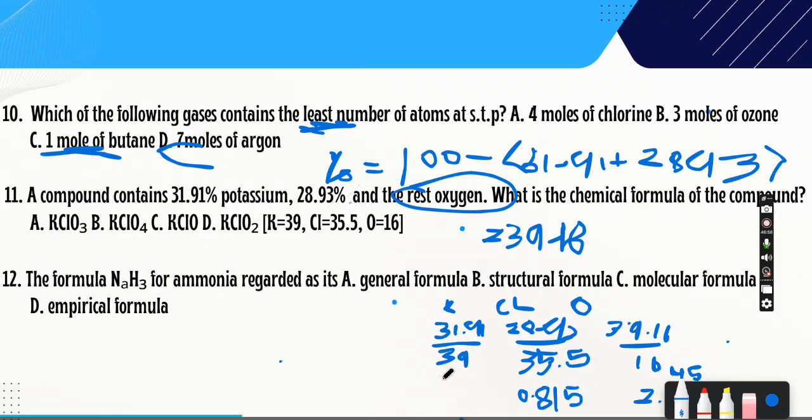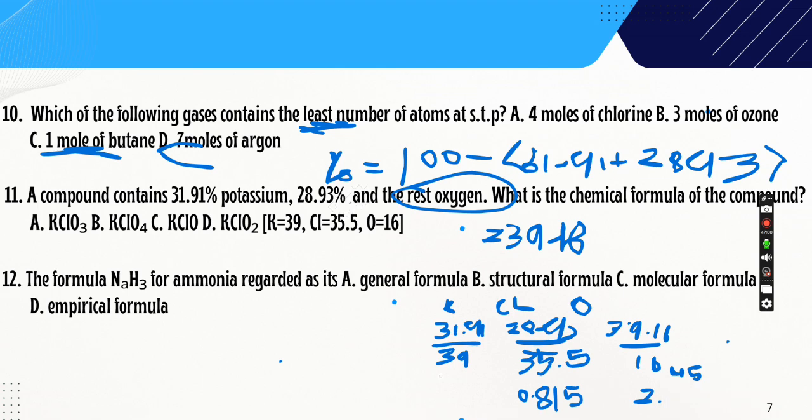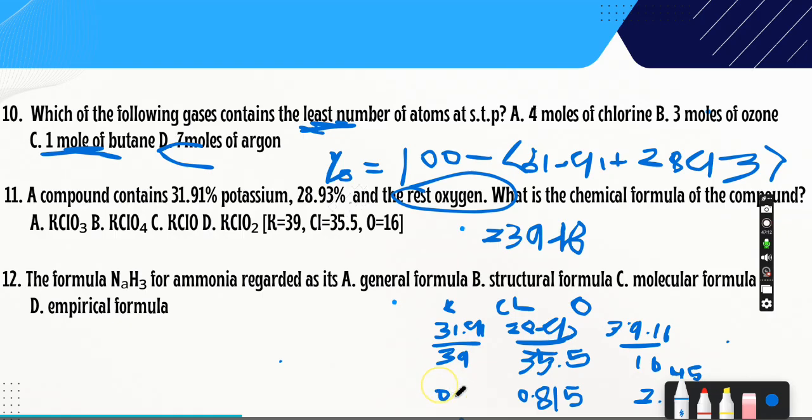And this last one, 31.91 divided by 39, will give us 0.817.